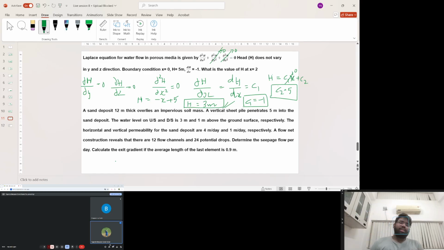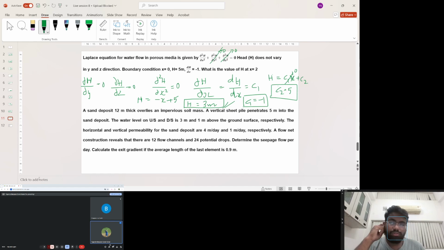The horizontal and vertical permeability for the sand deposit are 4 meters per day and 1 meter per day respectively. A flow net construction reveals that there are 12 flow channels and 24 equipotential drops. Determine the seepage flow per day. Calculate the exit gradient if the average length of the last element is 0.9 meters.